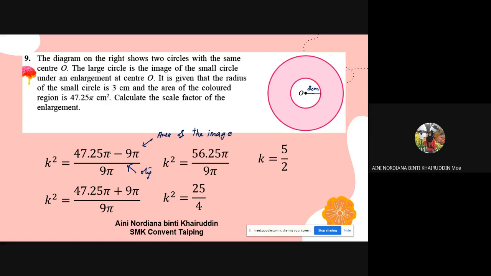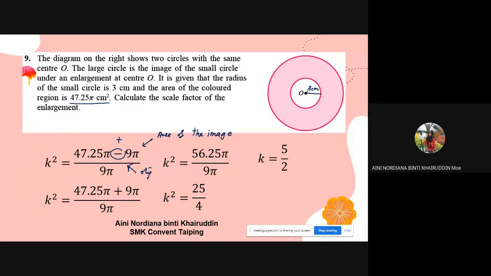The area of the image, this one is the area of the colored region. Oh, this is a typing error, it should be plus, because the image is the whole bigger circle.